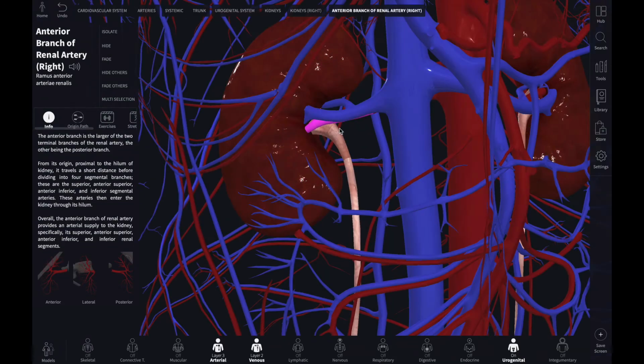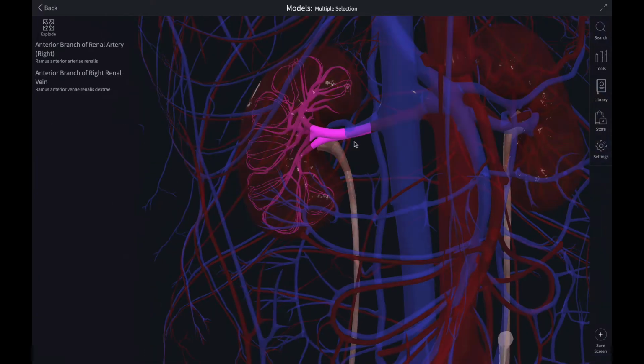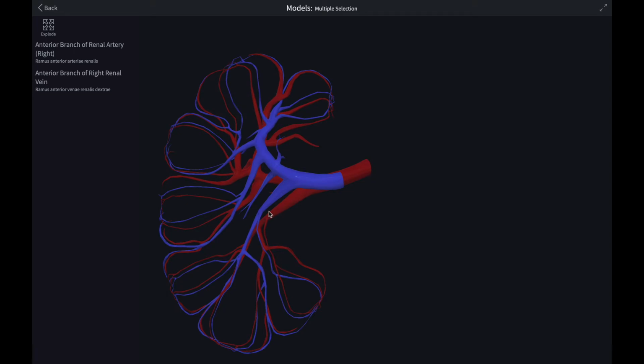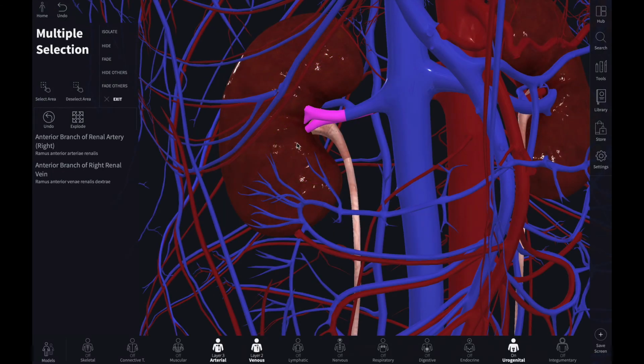So I will select both the vein and the artery. You see, this is how the blood vessels enter into the kidney hilum, and they distribute into different segments. There are different names for segmental arteries, arcuate arteries, like that.